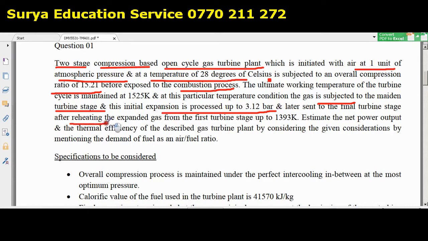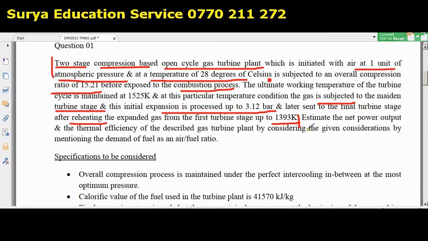That means after the end of the first turbine you are going to reheat the remaining gas, reheating the expanded gas from the first turbine stage up to 1393. That means you reheat the gas up to 1393 before giving it to the second turbine. So that is the story, starting from here to there.